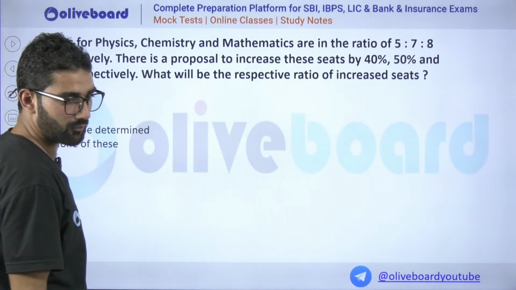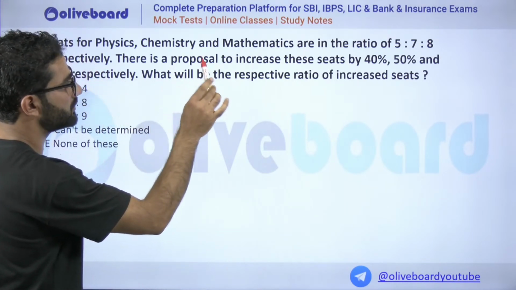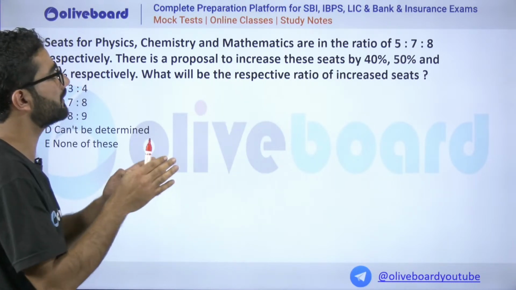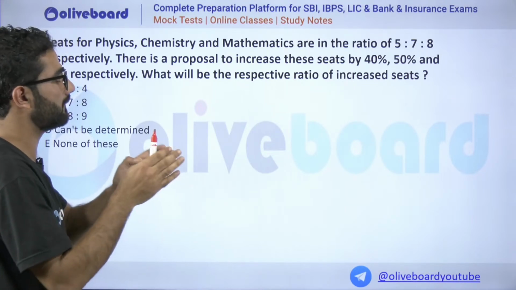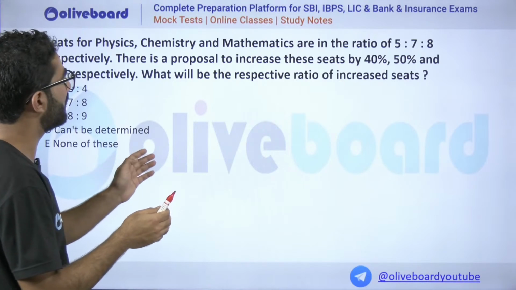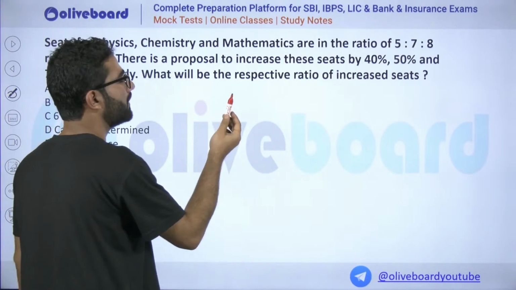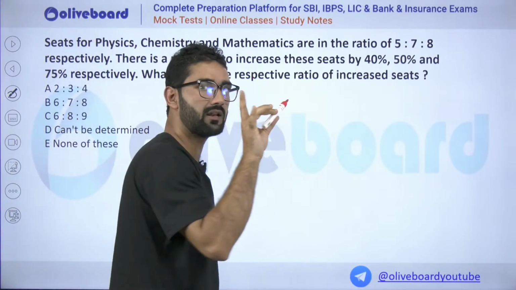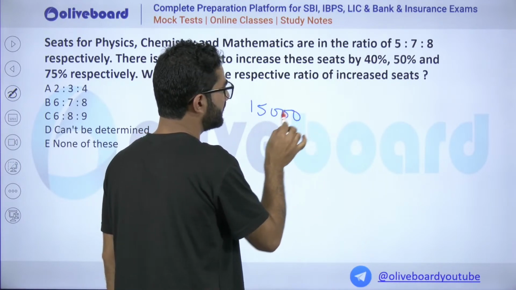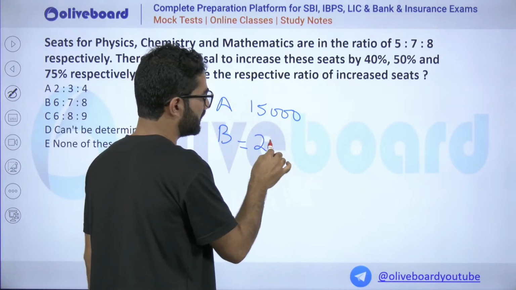If you see the question, it says that seats for physics, chemistry, mathematics are in the ratio of 5:7:8 respectively. There is a proposal to increase these seats by 40%, 50% and 75% respectively. What will be the respective increased ratio? Whenever something is in ratio, say 15,000 is the salary of A and B has a salary of 20,000.